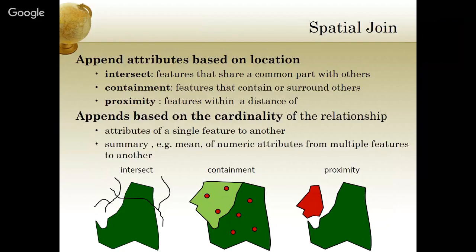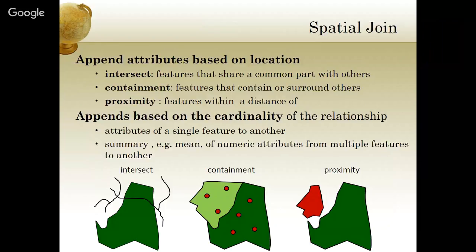If we have a one-to-many relationship, we can grab attributes from one feature and append them directly to another. So for instance, in this middle containment zone, we could append the attributes of the polygon to each of those points because it's a one-to-many relationship.